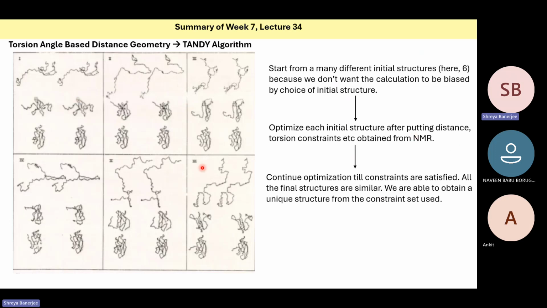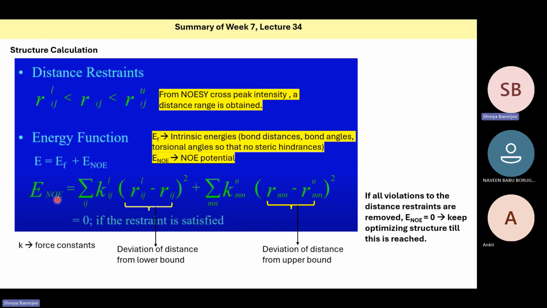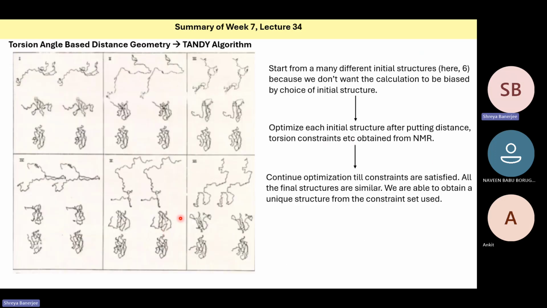So the constraints in all the structures are the same, and then we allow it to optimize till all the constraints are satisfied. How will we know all the constraints are satisfied? This ENOE will be 0. So we continue the optimization till all the constraints are satisfied and we get a final structure. We can see that the final structure is the same no matter what initial structure we are starting from.